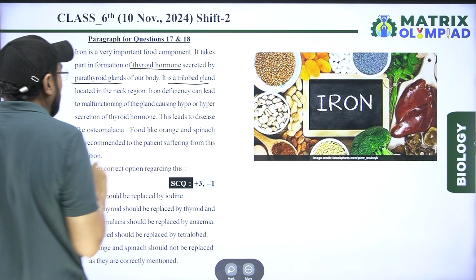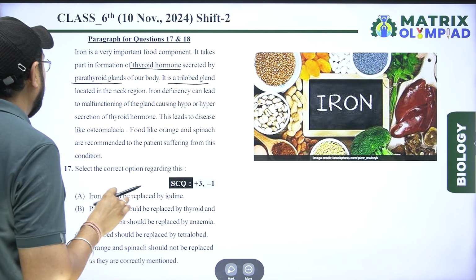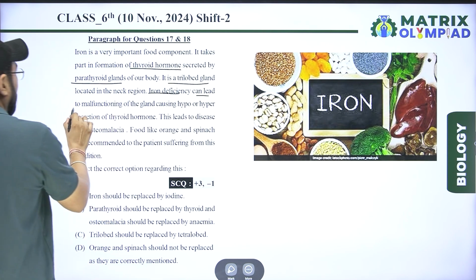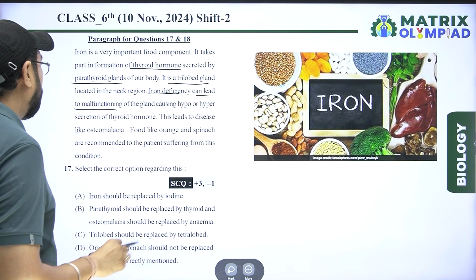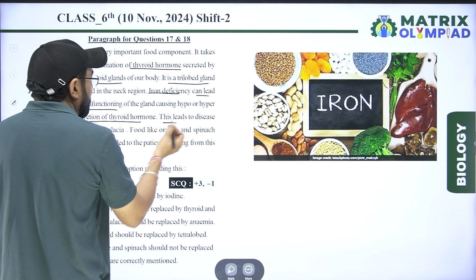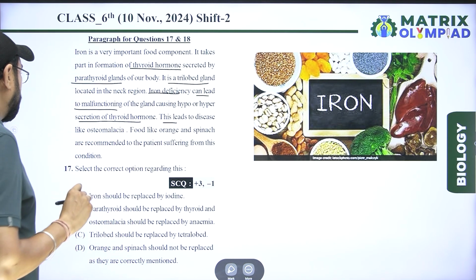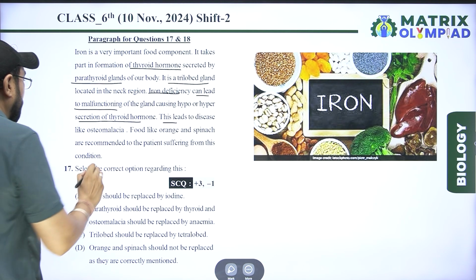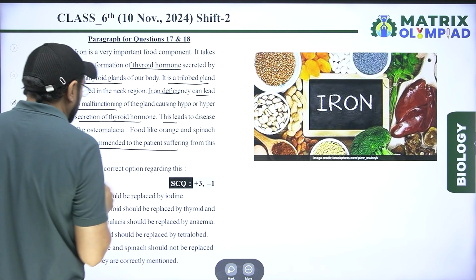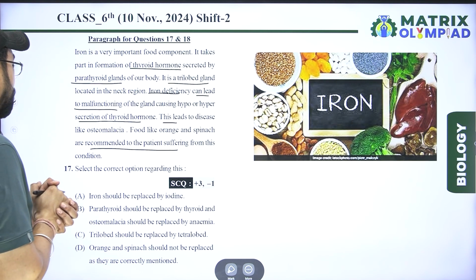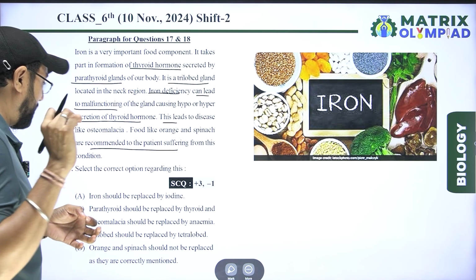It is a trilobed gland located in the neck region, and iron deficiency can lead to malfunction of the gland causing hypo or hyperthyroid hormone. This leads to diseases like osteomalacia, and foods like orange and spinach are recommended to patients suffering from this condition. Select the correct option regarding this.